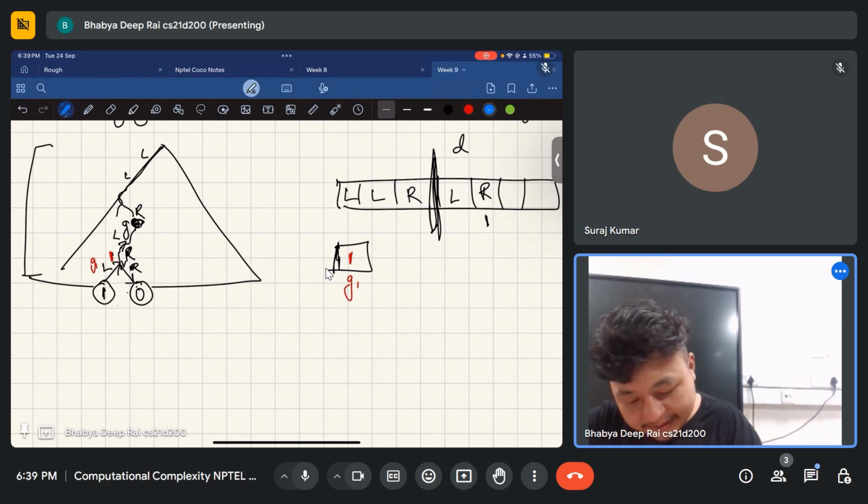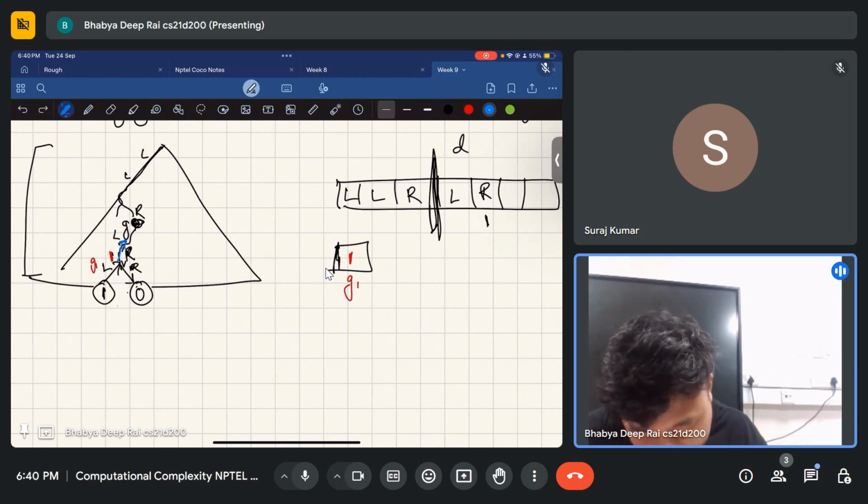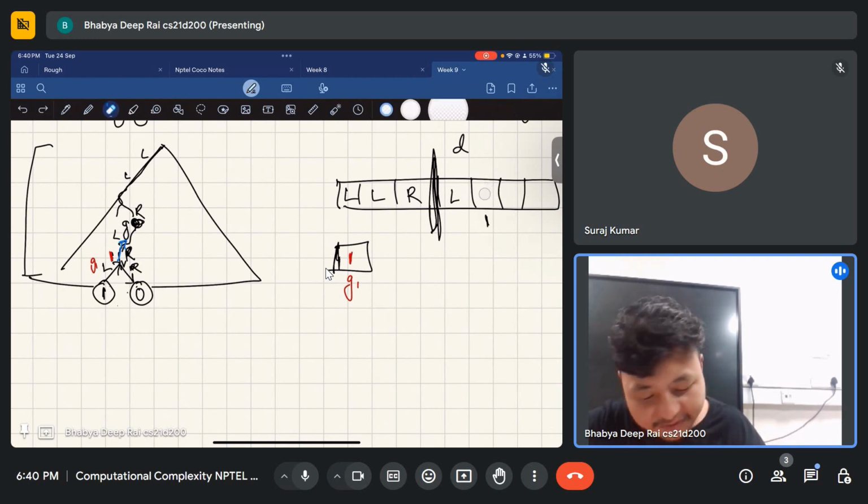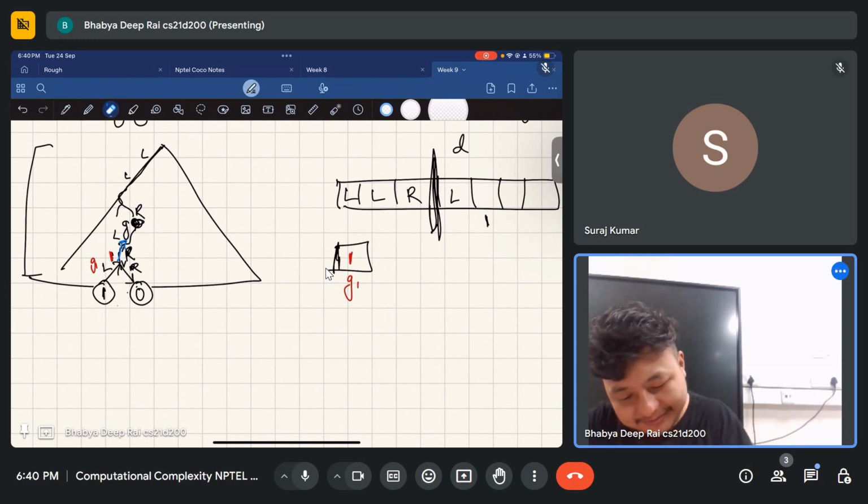I now backtrack. I get here and I remove the information. Since I backtracked, I'll remove this information. Now I need to go left, because I had moved right.